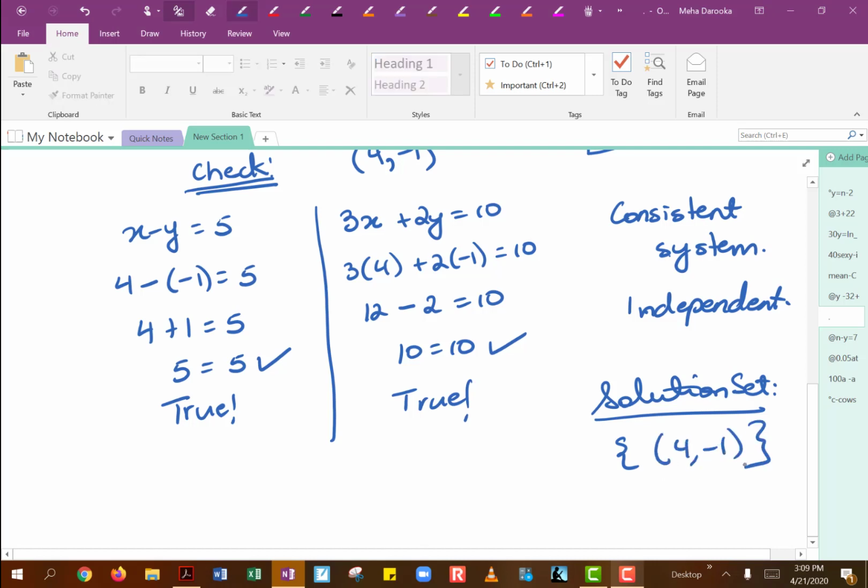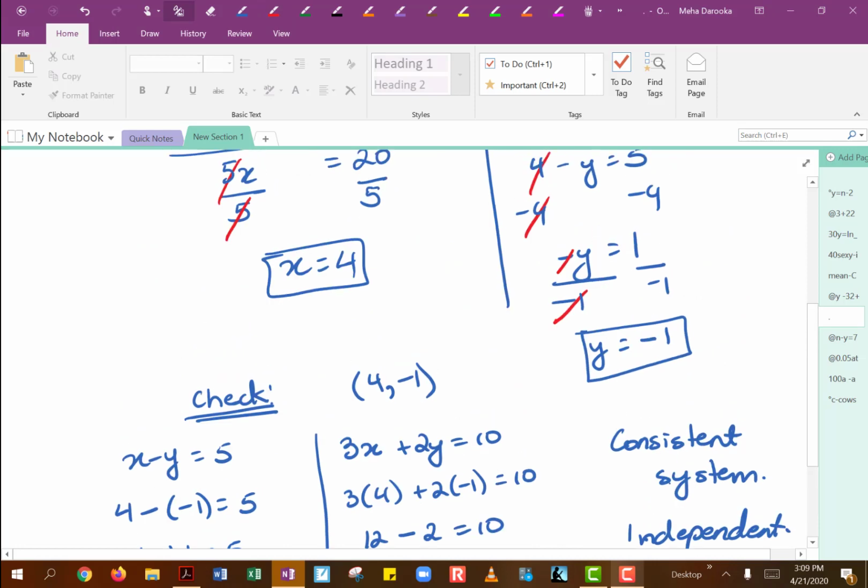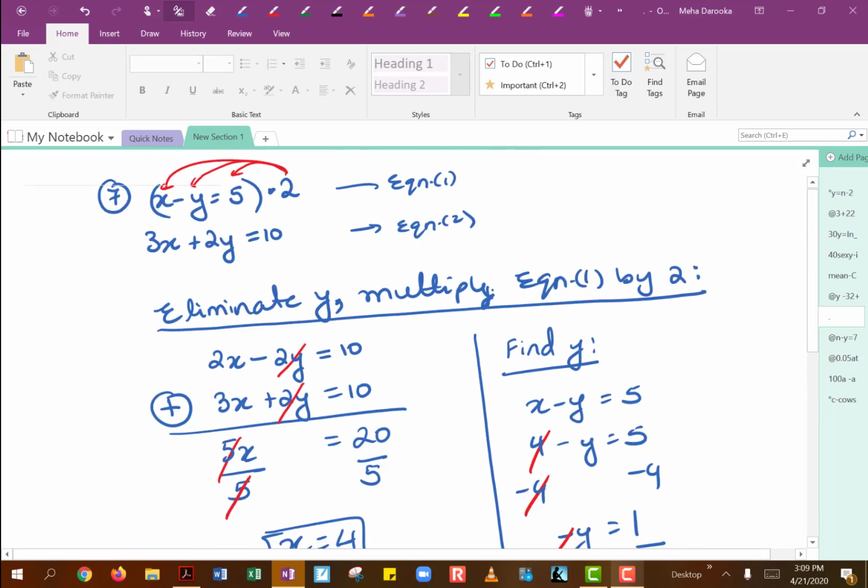And there we go. So 4, negative 1 is going to be our solution set. So basically, that's the procedure for the addition method or the elimination method. Find a way to add the two equations in such a way that one of the variables will cancel out.